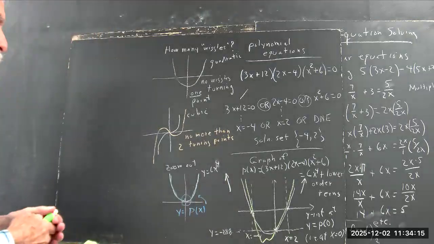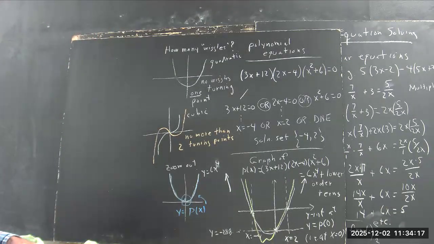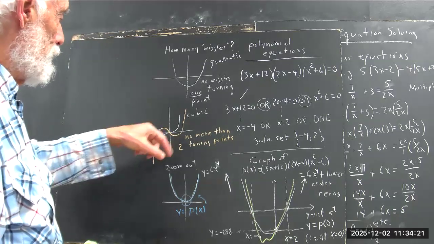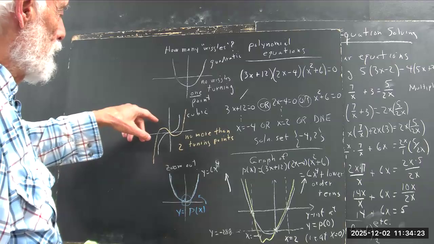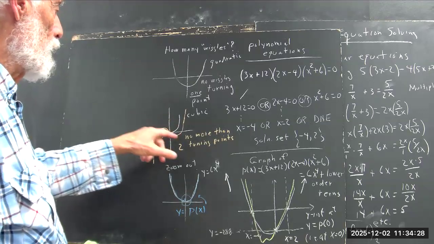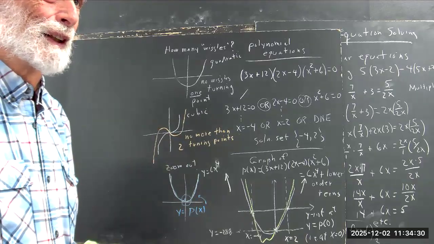No more than two turning points. You know, I say now that that means it's got to go down and then back up, or it's going up and then down and up. I call that a wiggle. Okay.